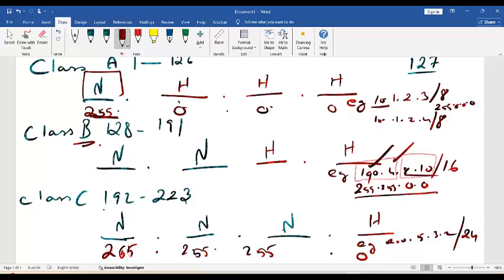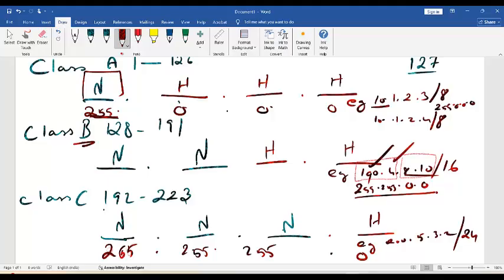And by default, class B means this is the mask. When you do subnetting, the mask will be more than /16 for subnetted networks. We'll talk about that later. That is classless. When you do subnetting, you break the class boundaries. That's a later story.